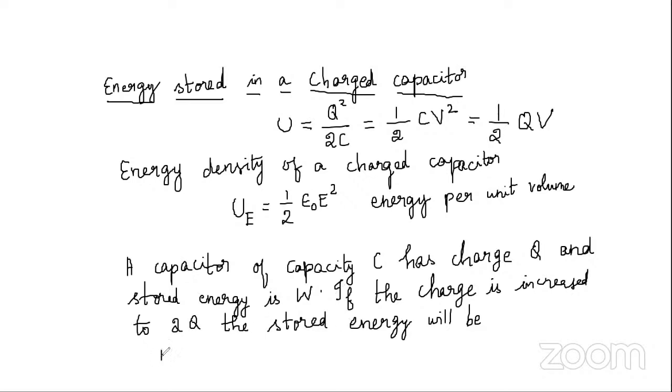So now I will be writing the options here. Option 3 is 4W. Option 4 is W by 4.